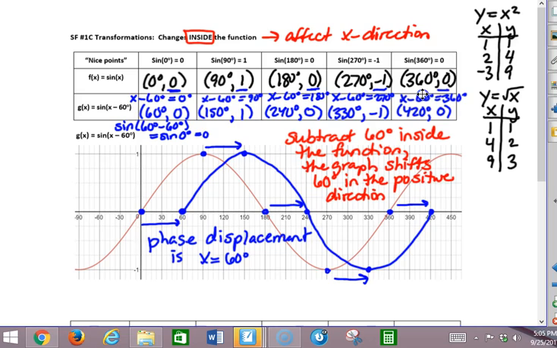So I subtract 60, but the graph shifts to the right. So it moves right 60, which is the opposite of what you might expect.